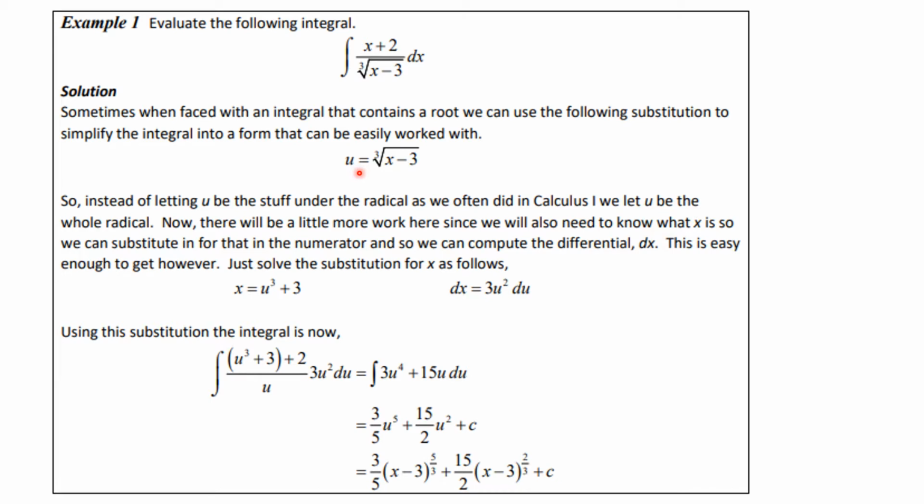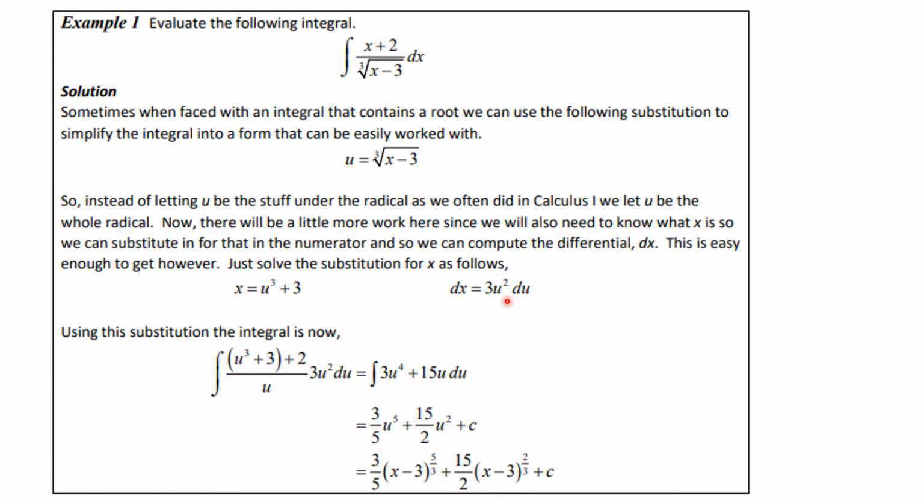If u is equal to the cube root of x minus 3, that tells us that if I cube both sides, I will have u cubed is equal to x minus 3, or x is equal to u cubed plus 3. If x is equal to u cubed plus 3, we know that dx is equal to 3u squared du.